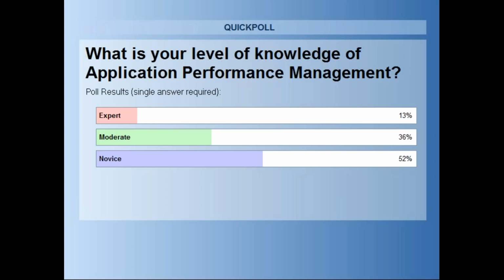Only 13% of attendees consider themselves experts. Moderate is 36% of our audience, and over half, 52% of the audience, say they are novices around application performance management, or APM.